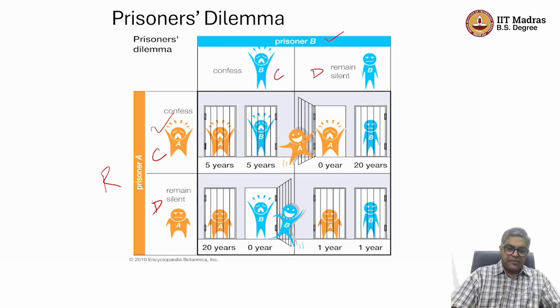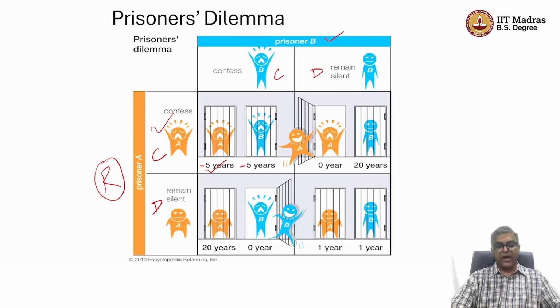If both of them confess, then they get a lighter sentence. Ranga goes to jail for 5 years. The first number by convention represents Ranga's payoff, that is 5. We should in fact say minus 5 because more is worse for these players. Of course, they would be going to jail for 5 years only, but the payoff would be negative.